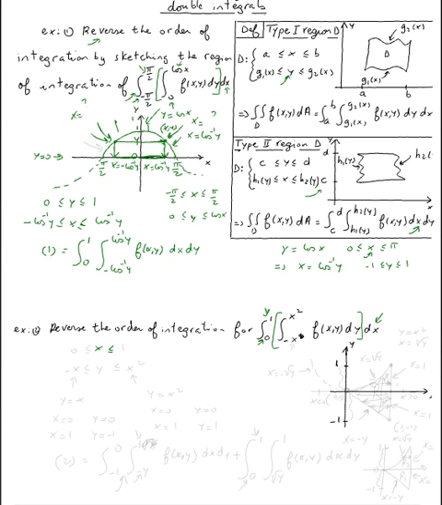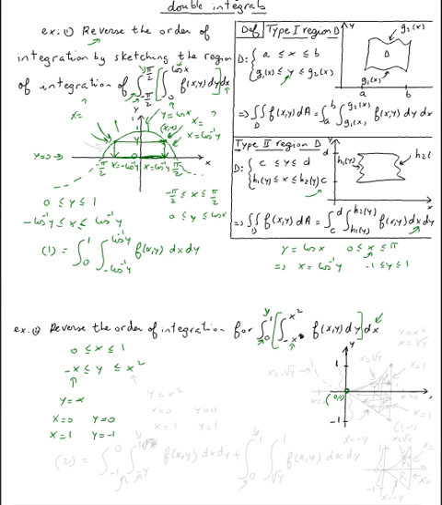So I know my x is going from 0 to 1, and I know my y is going from negative x to x squared. So I need to graph y equals negative x between 0 and 1. What does it mean? When x is 0, y is 0. When x is 1, y is negative 1. So 0, 0 is here.